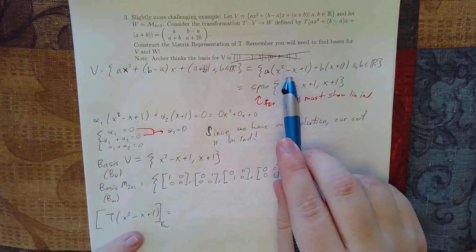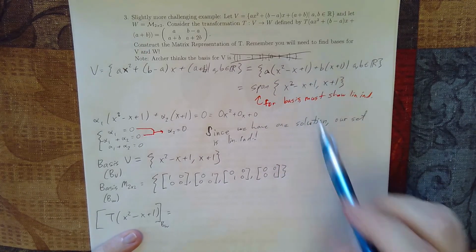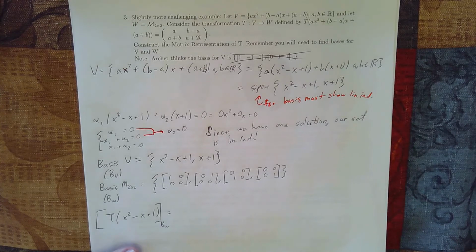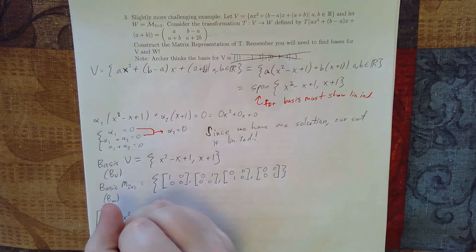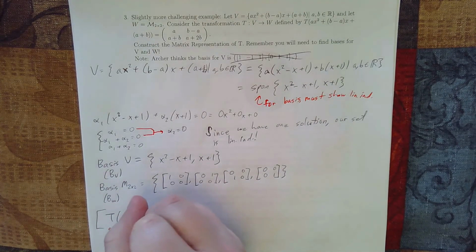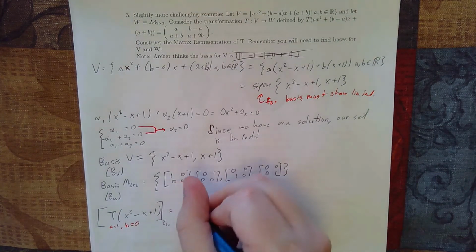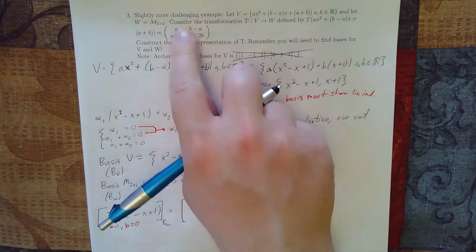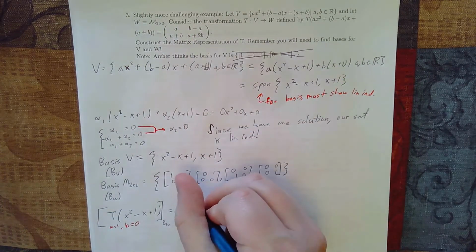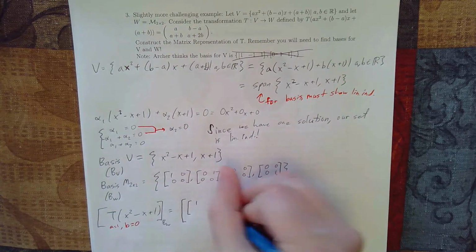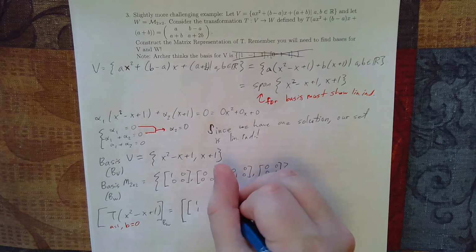So we have 1 times the a part plus 0 times the b part, and so we have 1 for a and 0 for b. Okay, that means using this transformation, we get 1, negative 1, 1, 1.